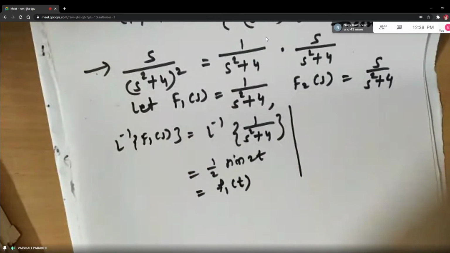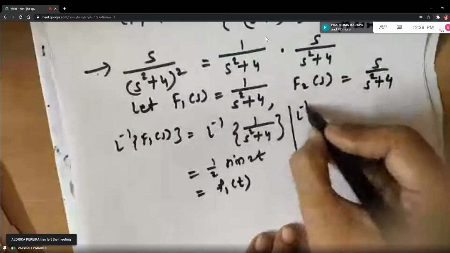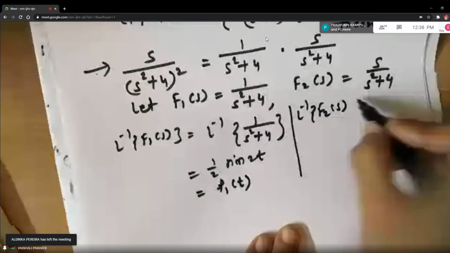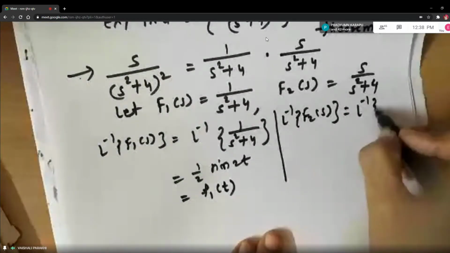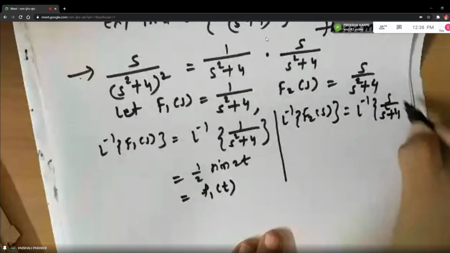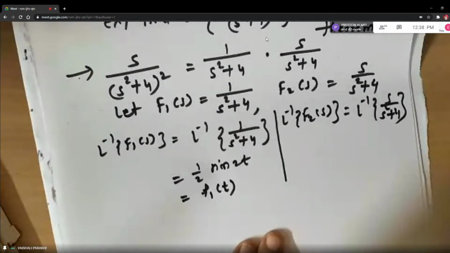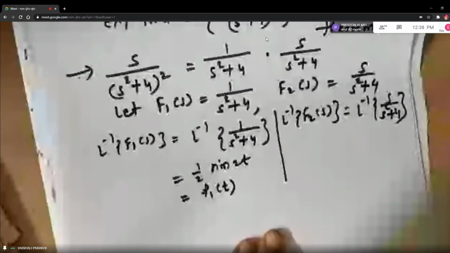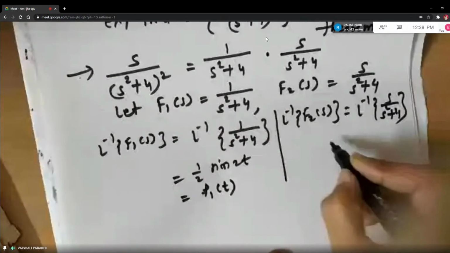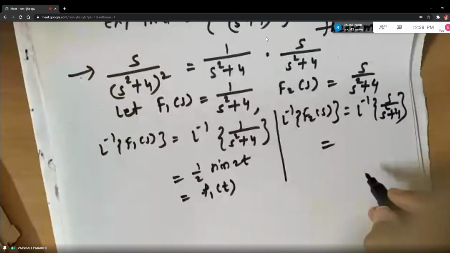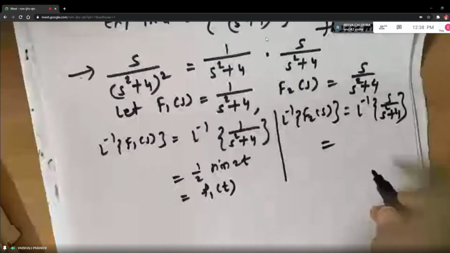Same thing you have to repeat for f2 of s. Find L inverse of f2 of s. That is L inverse of s upon s square plus 4. Utkarsh, are you there? Yes, ma'am. Tell me, L inverse of s upon s square plus 4. You have a set of formulas, Utkarsh.